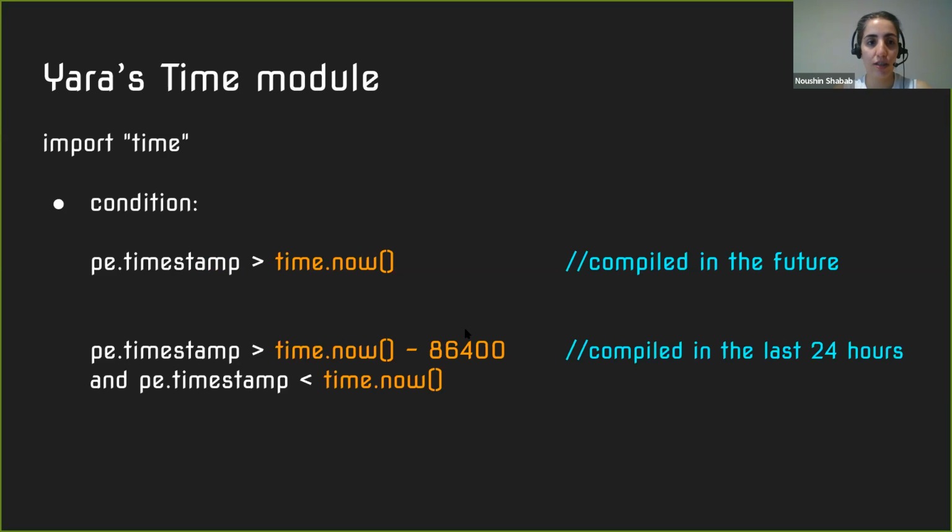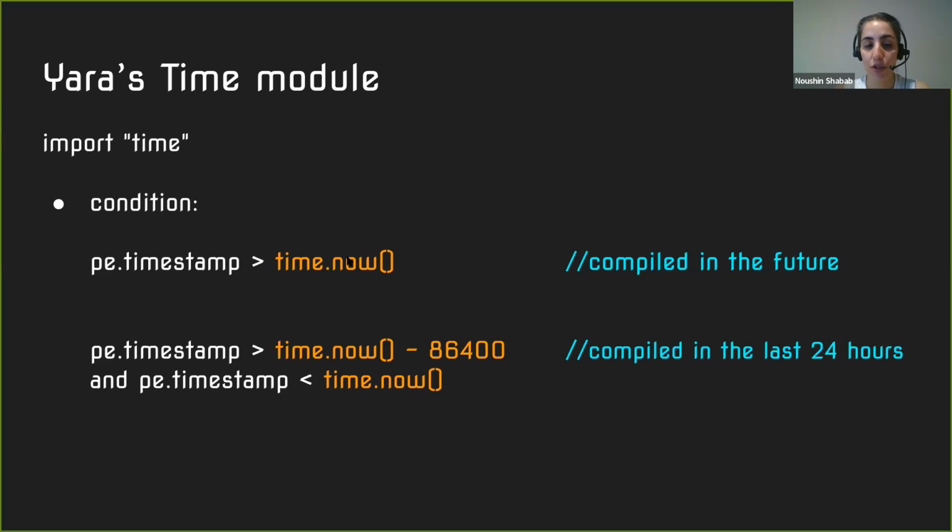Next module is the time module. Time is quite minimal. There's only one function in the time module, and that is the function now. And this shows the current time of the system. This means that the file is compiled in the future because pe.timestamp is greater than time.now, which is an anomaly.